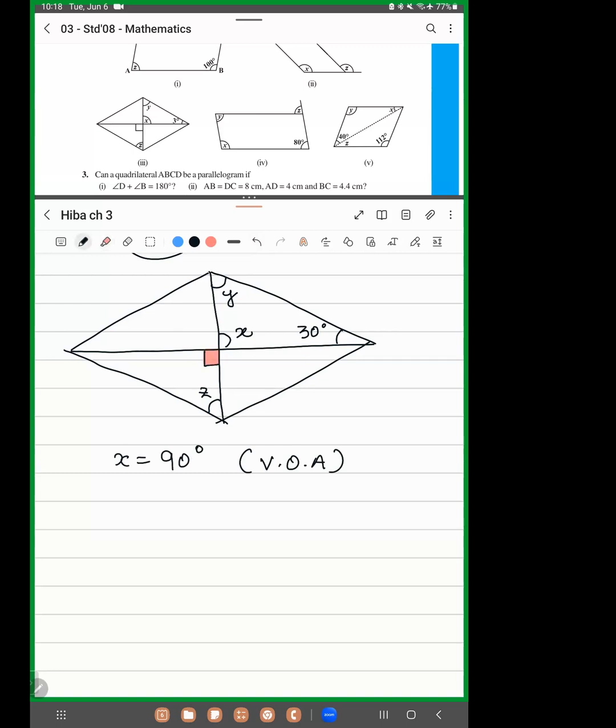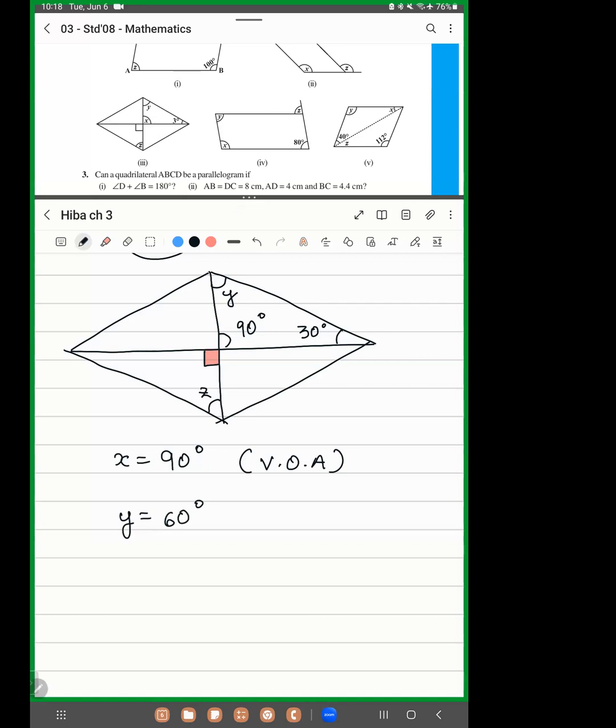So now we can do that, right? 30 plus 90 plus y gives 180. So y becomes... It will be 60 degrees. Very good. 60 degrees.